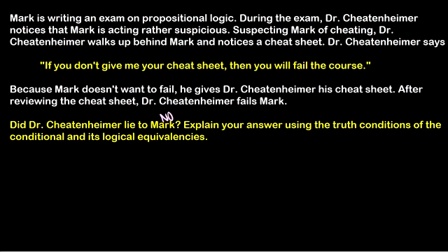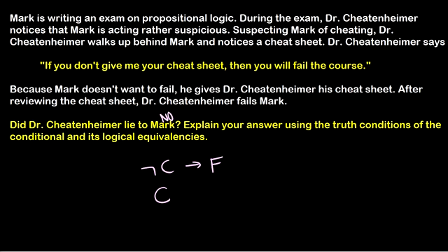So let's formulate this. If you don't give me your cheat sheet, so not C, then F. So let me actually put this down here. Not C, then F. But Mark gave Dr. Cheatenheimer his cheat sheet.